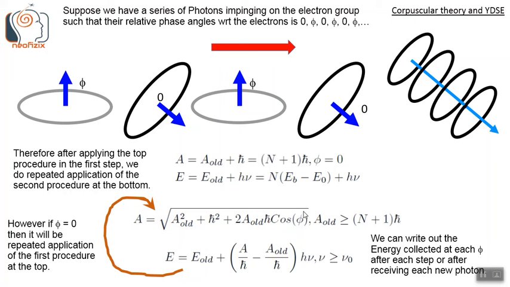If this group of electrons is collecting photons of different phase difference angles, then we can write out the energy collected at each different phi after each step, after each absorption of a photon, as shown in this table.